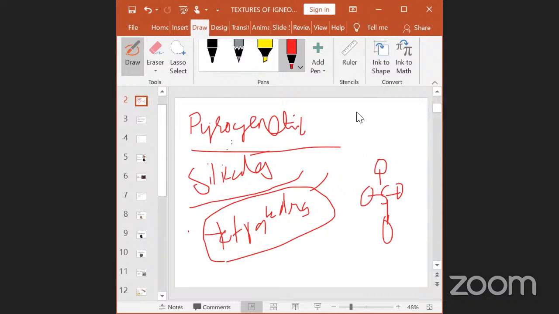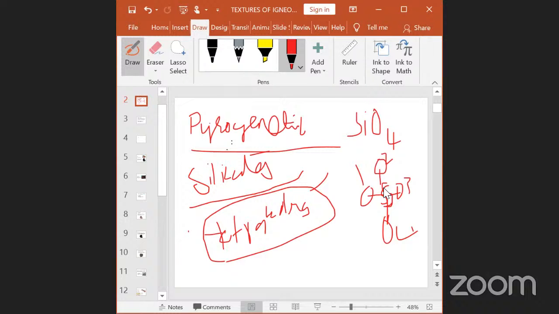That is called SiO4: oxygen 1, 2, 3, 4, with silicon. This is called the SiO4 tetrahedra, the fundamental unit of the silicate structure.